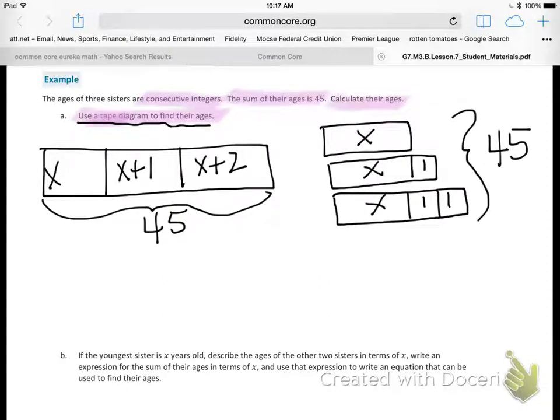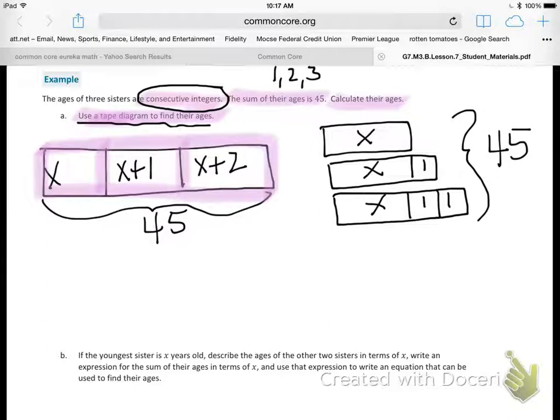Now, you might have initially set up your tape diagram like this, because this is the way we use tape diagrams primarily. We've used them horizontally with the different pieces of a sum connected. Now, I should clear up this idea of consecutive. Consecutive integers are, for example, 1, 2, 3, integers that come in a row. 9, 10, 11.